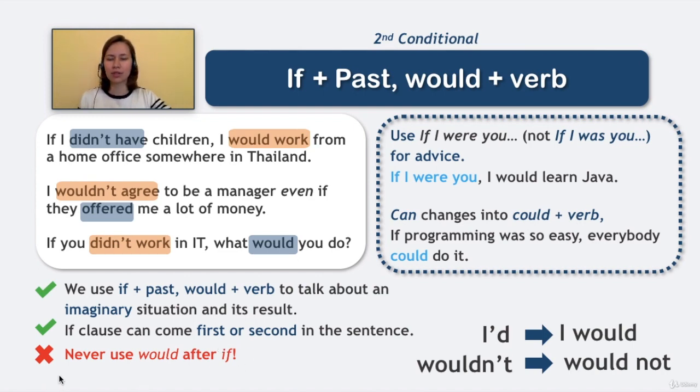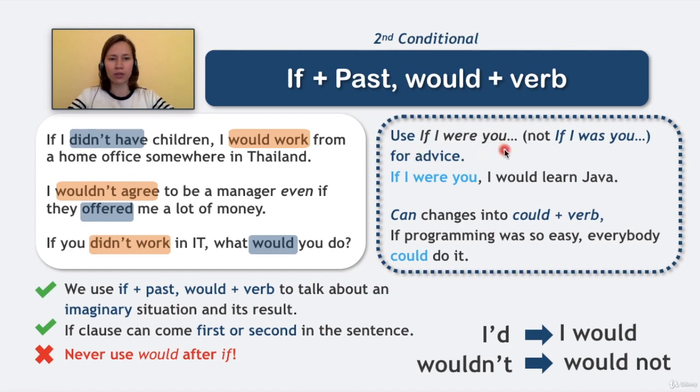Something that you have to remember not to do, here in red: never use would after if. So the condition always stays the same with the formation of if plus past simple in this case. Let's look at this phrase again.